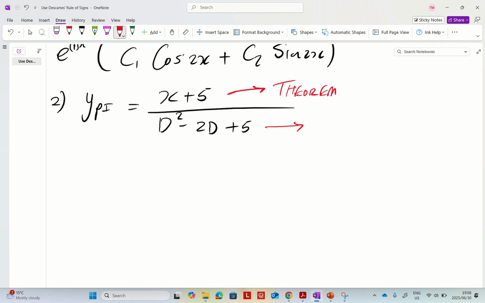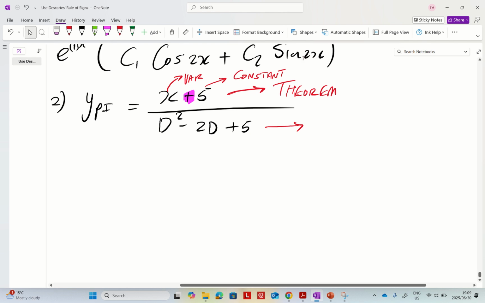So guys, whenever you see something like this, with a plus in between and no relationship, these guys don't use the same theorem. It's a constant versus a variable. They don't use the same theorem.